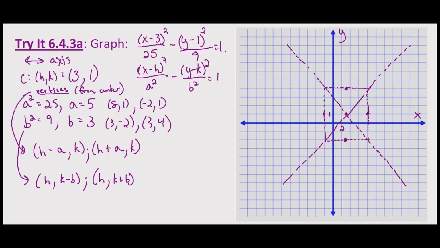So we start at our vertices and go infinitely towards those asymptotes, left and right.